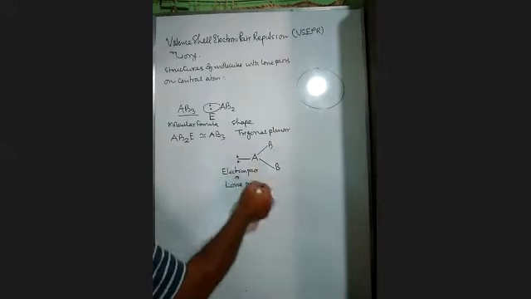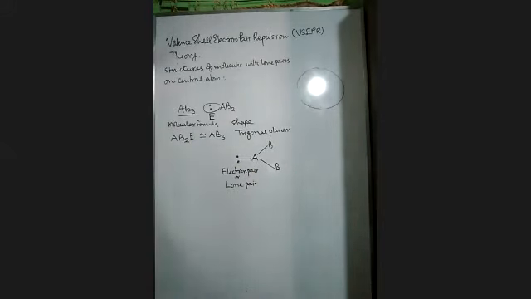Now, how does it look like? Can I say it is trigonal planar? Because I cannot see, atom is not there. Electrons are not visible. Atoms are visible. In X-ray, you can observe the presence of atoms, but electron pair is not visible.